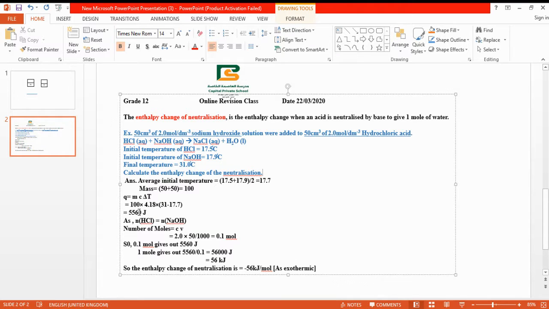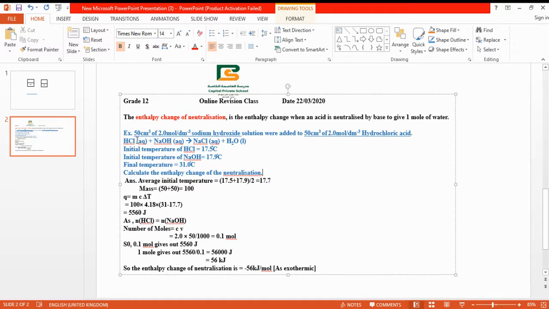The total energy released in this reaction we can find by m, c and delta T. m is 50 plus 50, which is 100, and c is the specific heat of water, as both solutions, HCl and NaOH, are so dilute that we take the specific heat of water only. Delta T is the temperature change. So 100 multiplied by 4.18, the specific heat of water, multiplied by 31 minus 17.7. The answer is 5560 joules.